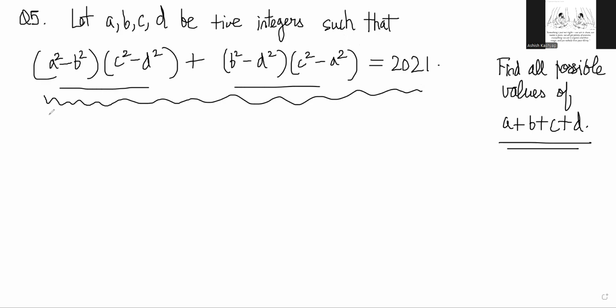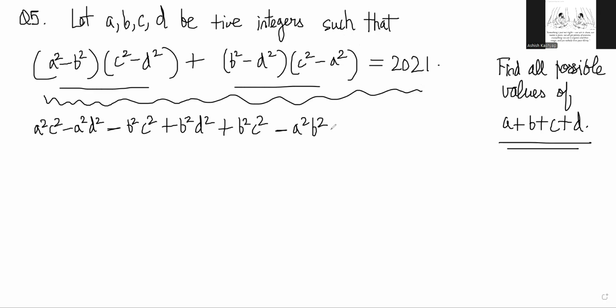So if you do that, let's see what comes. a square c square minus a square d square minus b square c square plus b square d square plus b square c square minus a square b square minus c square d square plus a square d square is equal to 2021. And a lot of stuff here gets cancelled.